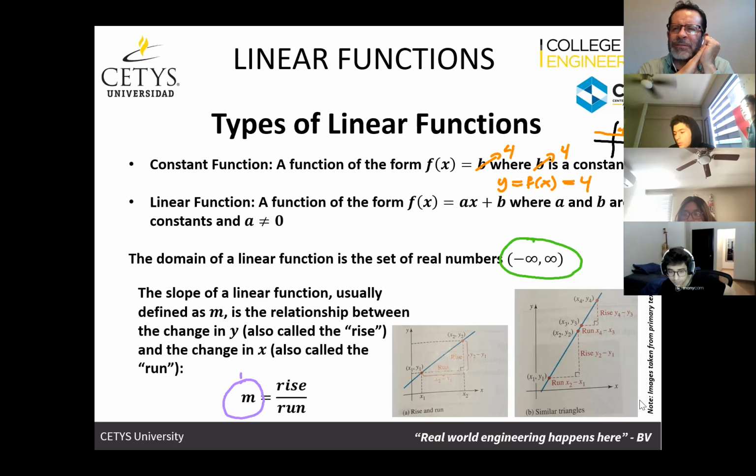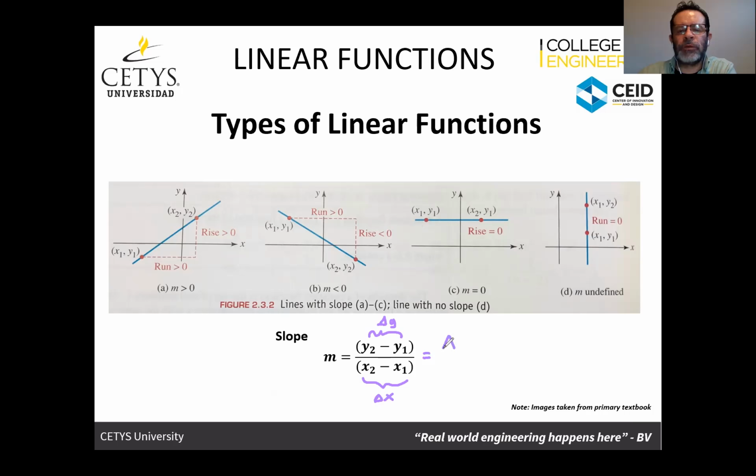Usually the slope is represented, if we have 2 points, as the difference in y divided by the difference in x. So this would be delta y divided by delta x. Something very important: to have a line, we only need 2 points in space. So 2 points in space represent a line.